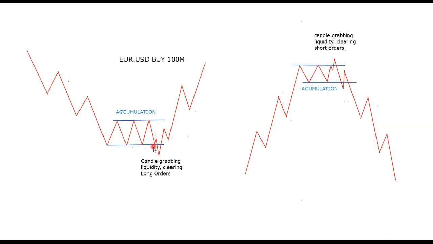You can see I have a little push to the upside before the market plummets a little below these support levels. So if you had bought at this level, you'd have had your stops here. So the stops at this level, I said candle grabbing, liquidity clearing, long orders. A lot of long orders are lying here.